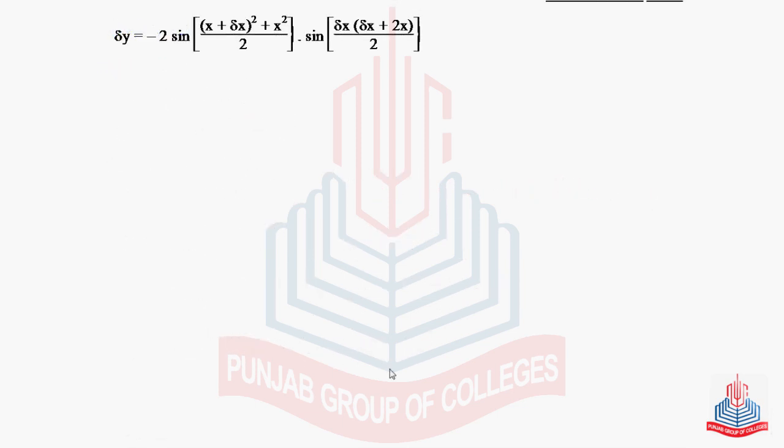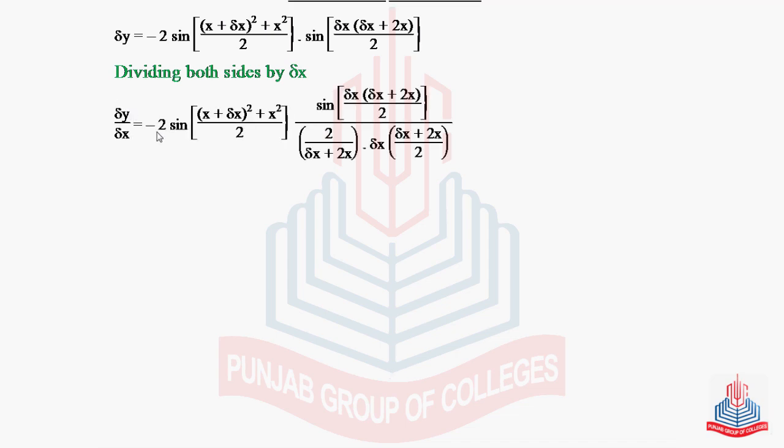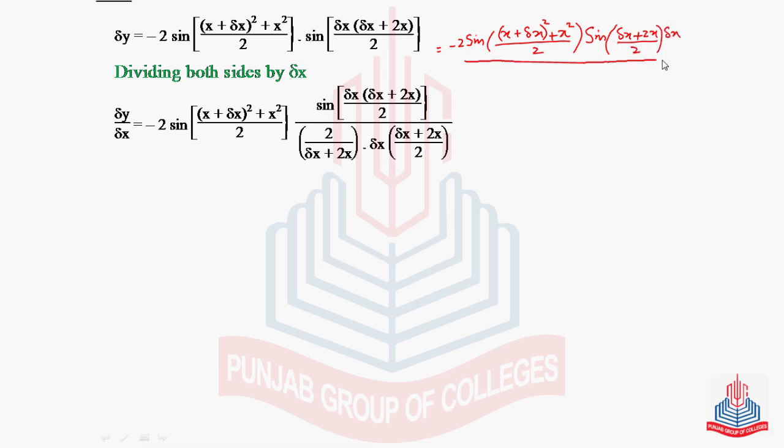So dividing both sides by delta x, that will become delta y by delta x minus 2 sine x plus delta x whole square plus x square divided by 2, and this is actually first of the form like this: minus 2 x plus delta x whole square plus x square divided by 2 sine delta x plus 2x divided by 2 delta x, and whole divided by delta x.